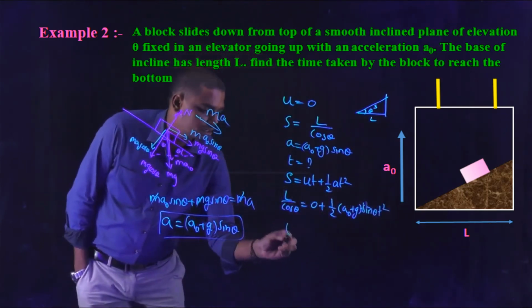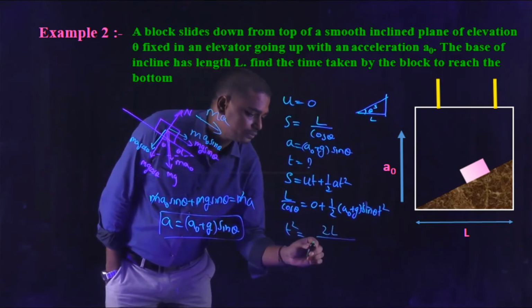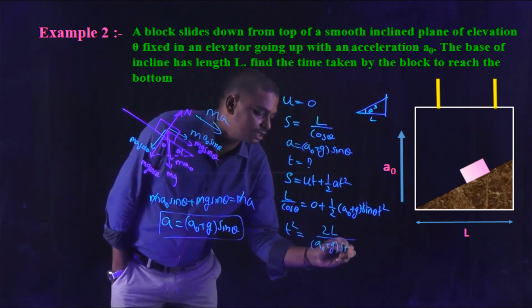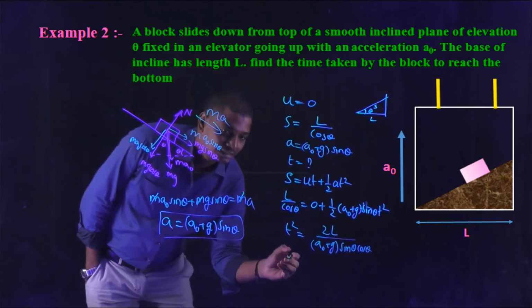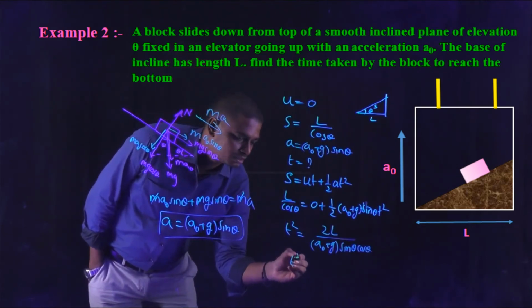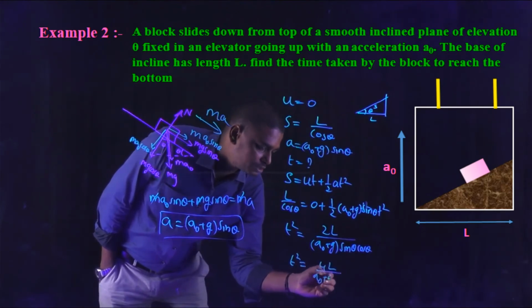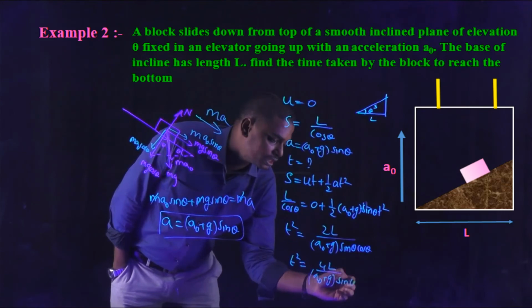From that, t square is equal to 2L by (a naught plus g) into sin theta into cos theta, or t square can also be written as 4L by (a naught plus g) into 2 sin theta cos theta, that will be sin 2 theta.